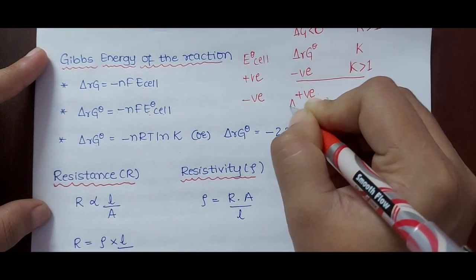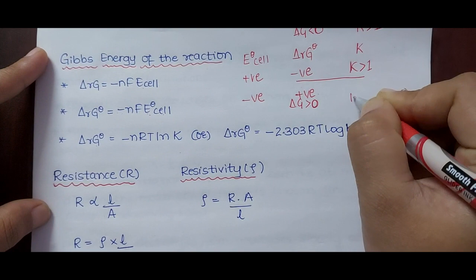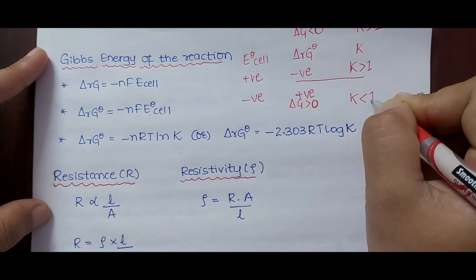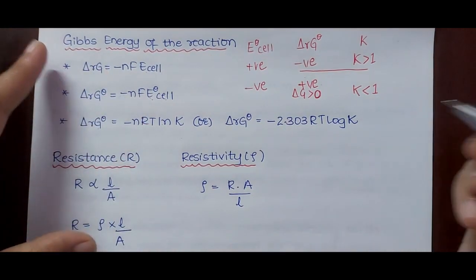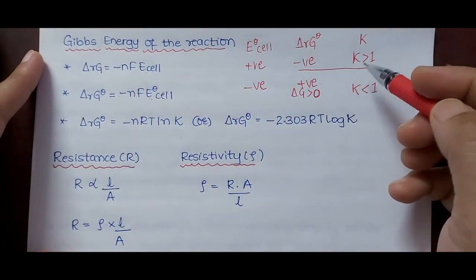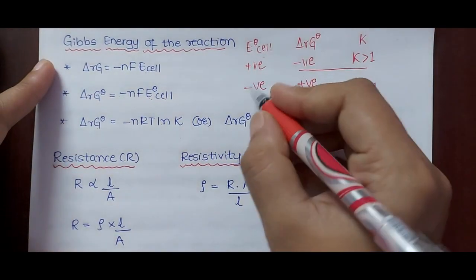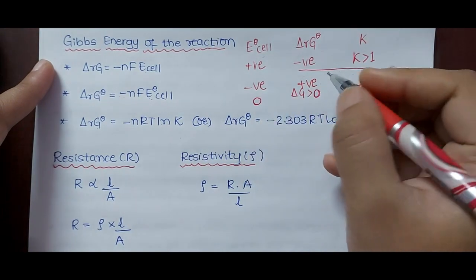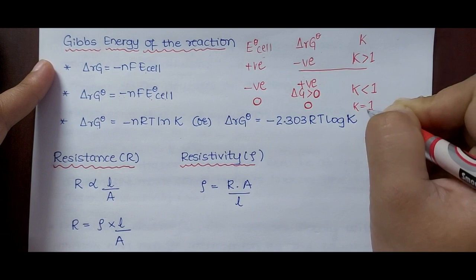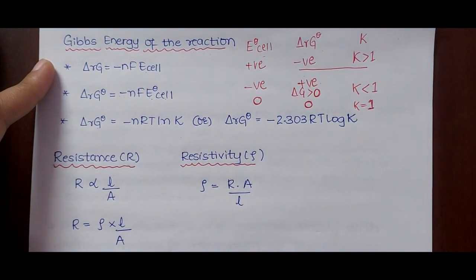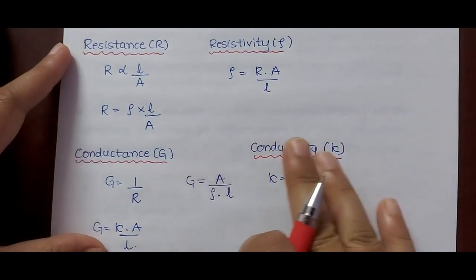If delta rG naught is positive, it means delta G is greater than 0, and K will be less than 1, as we are relating it to the negative logarithm of K. Thus, based on this, we can derive the relation between E naught cell, delta G as well as K. If your E naught cell is 0, delta G also is equal to 0, and in this case K becomes equal to 1. Next, we consider resistance, resistivity, conductance, conductivity.